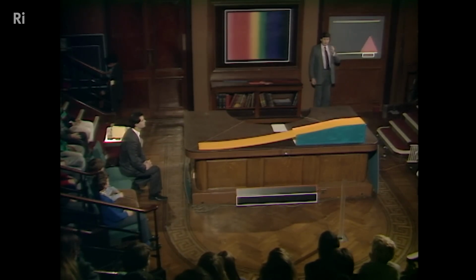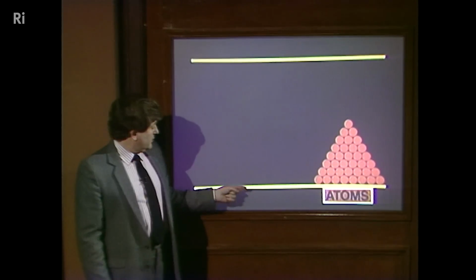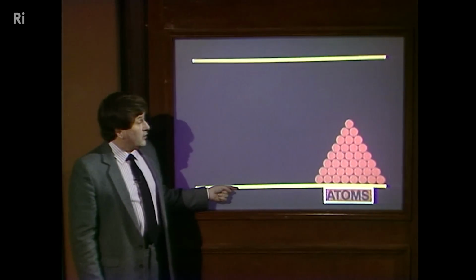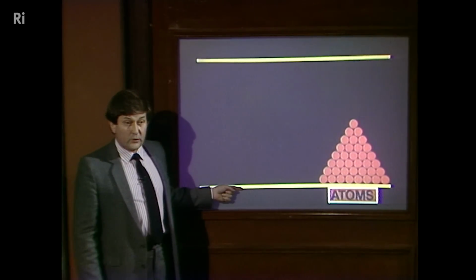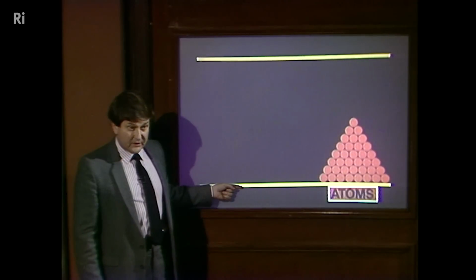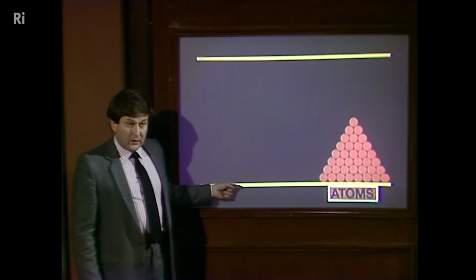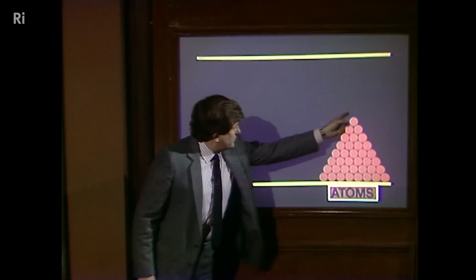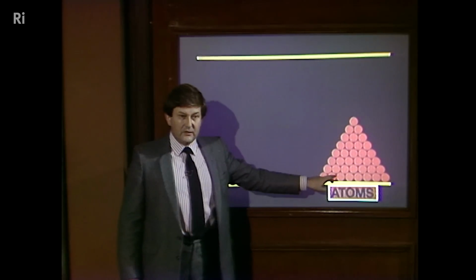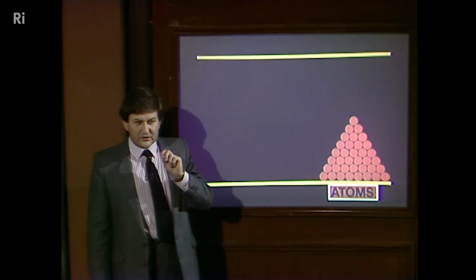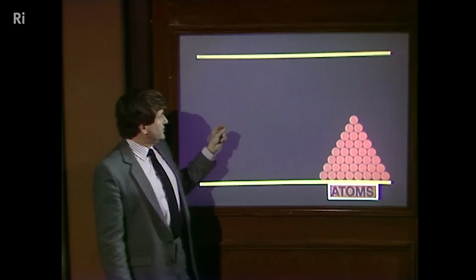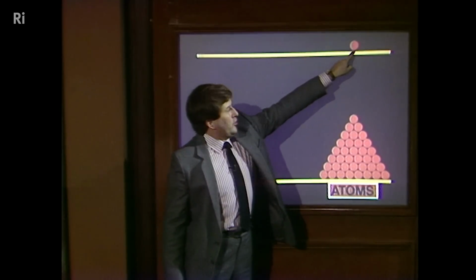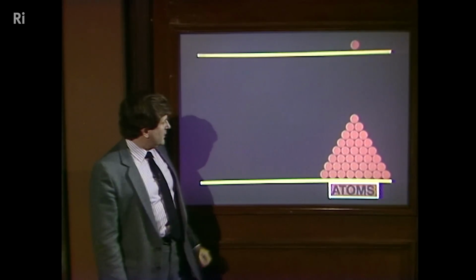With their electrons in the normal positions, the lowest energy position, you find most of the atoms and molecules in this room would be in that state. So we've put all of the atoms in this state, and just to show there is a possibility of some being in the excited state, we'll allow just one to be up there.